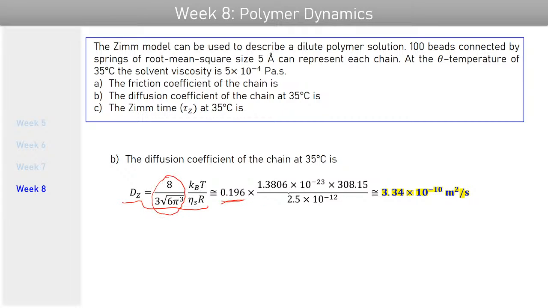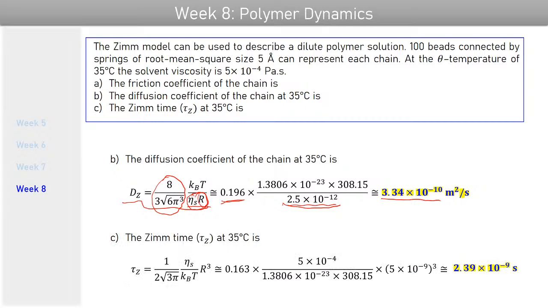We have that k_B is known, that's the Boltzmann constant, temperature is known, and the solvent viscosity times the polymer chain size that we calculated in the previous slide gives the friction coefficient. So that's also already calculated. After simplifying, we get 3.34 times 10 to the minus 10 meter square per second as the chain diffusion coefficient for this Zimm model.